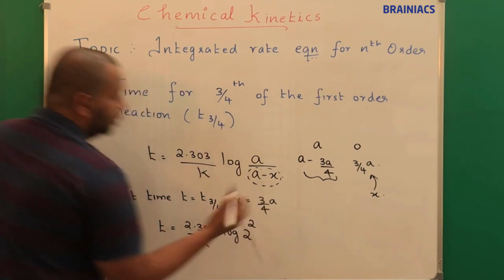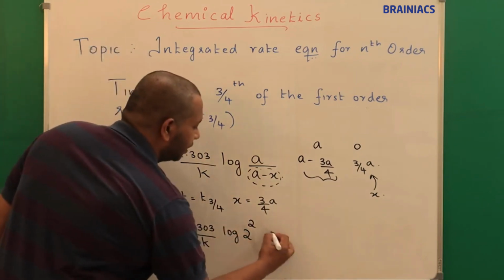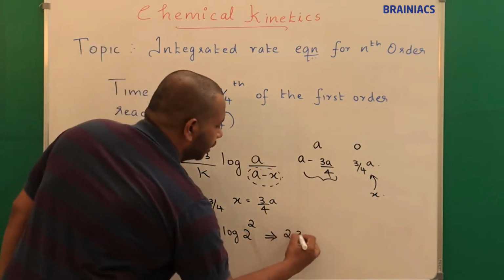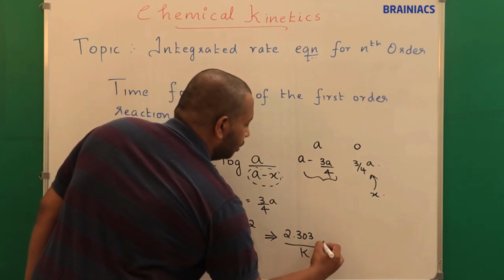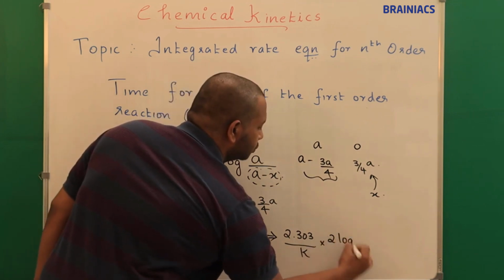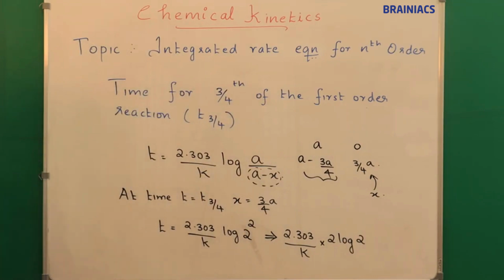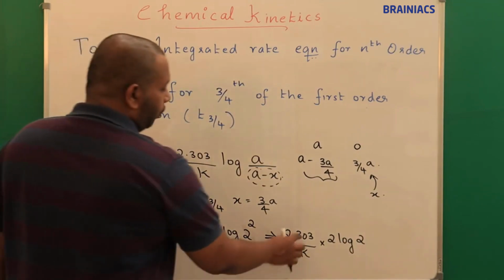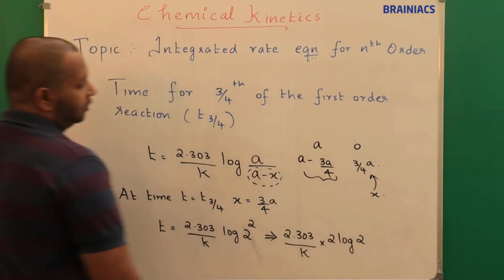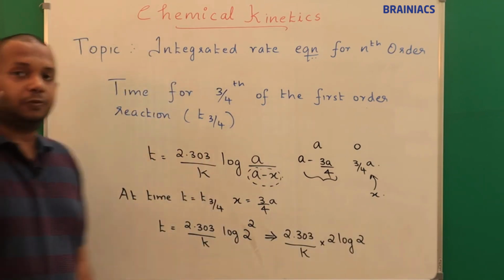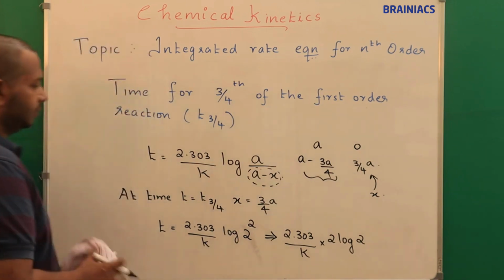So this can be further written as 2.303 by k into 2 log 2. Correct? Now tell me, we already know 2.303 by k into log 2, what is that actually? T half of the reaction. We already learned that.